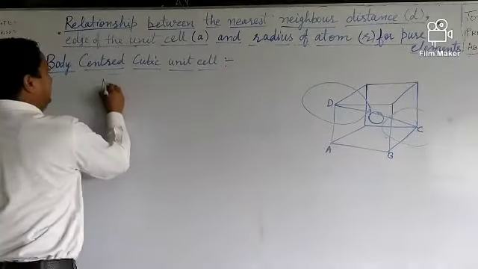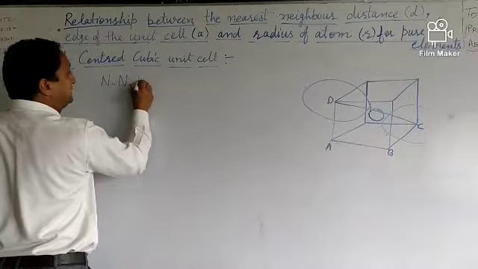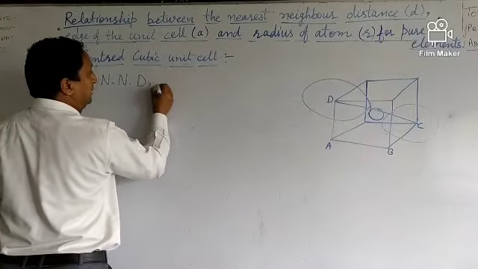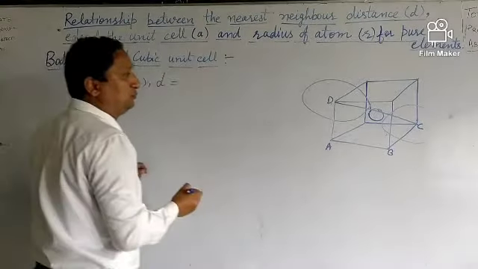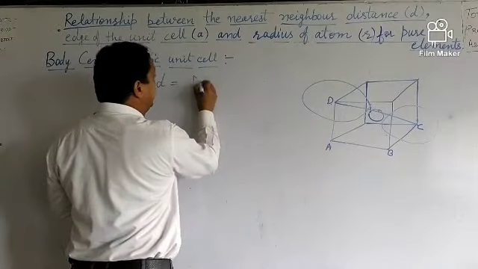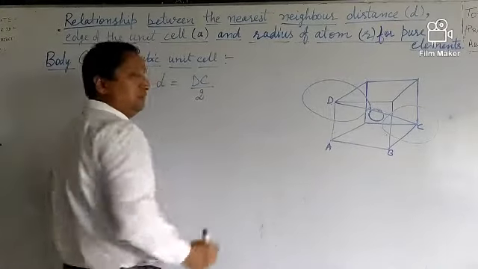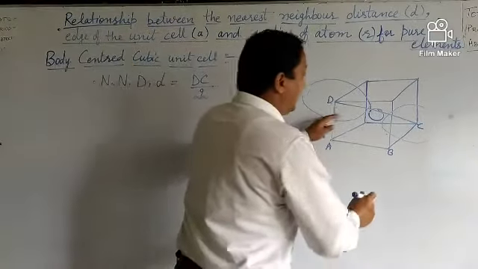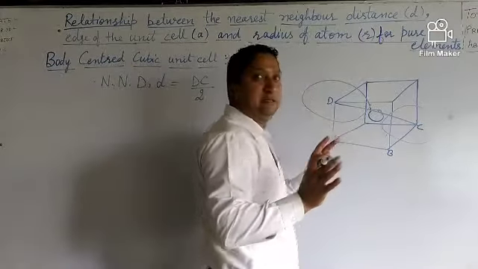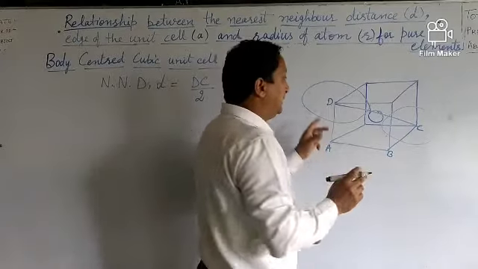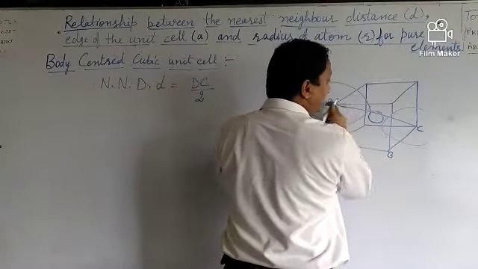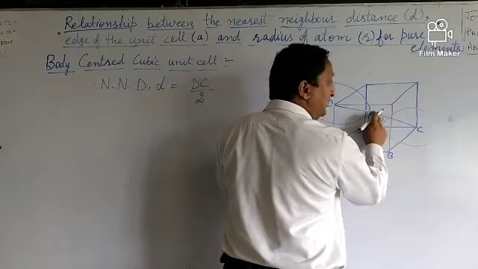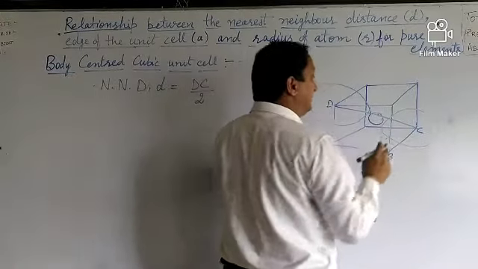So nearest neighbor distance, in short D, is equal to DC by 2. What is it? DC by 2. Because here the spheres at the corners are not touching each other. You have to keep in mind that it is the body sphere and the corner sphere that are touching.